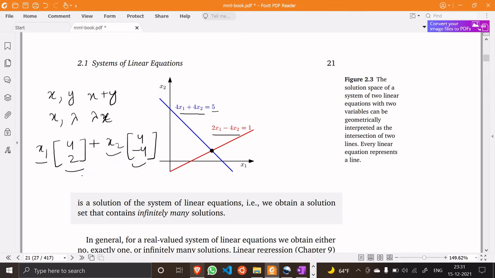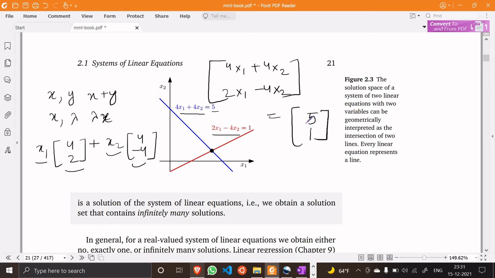If I add them together, we know that vectors are added component-wise. We get 4x1 plus 4x2, and the second component is 2x1 minus 4x2. And we can simply say that this vector is equal to (5, 1), because when two vectors are equal, each and every component of the vectors needs to be equal. So this is another way of representing the above system of linear equations.